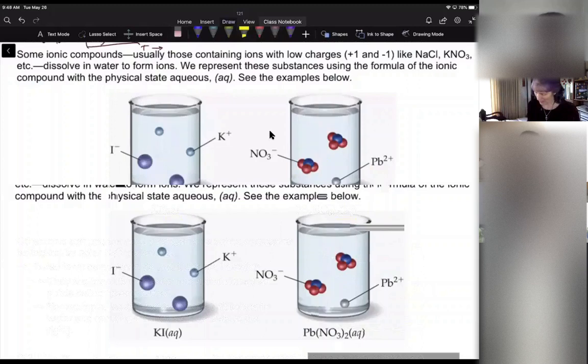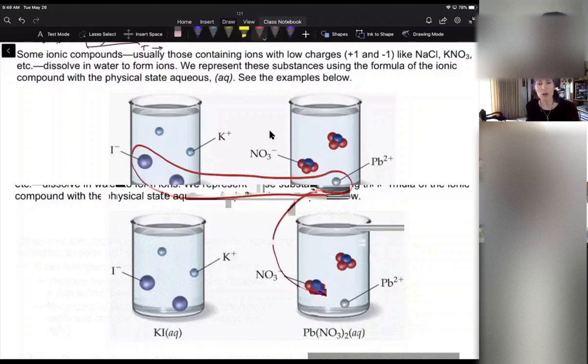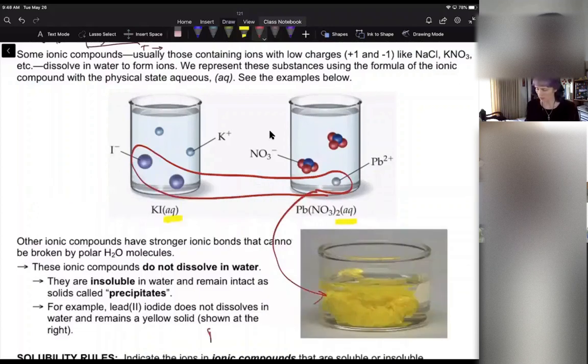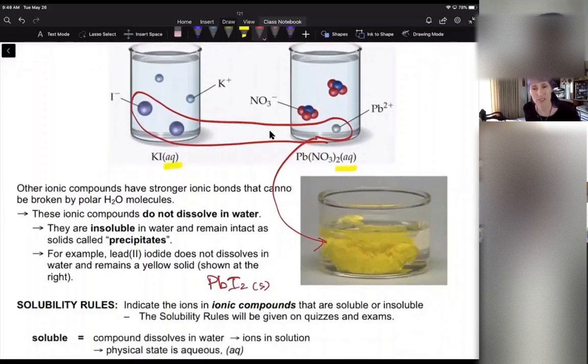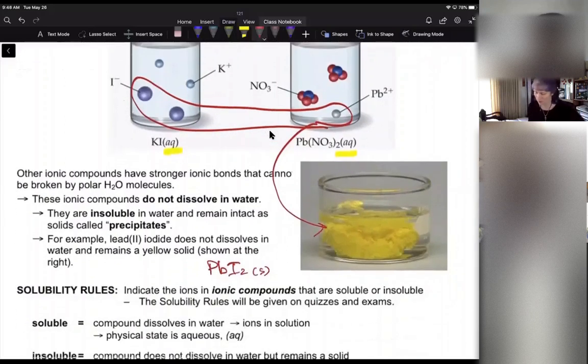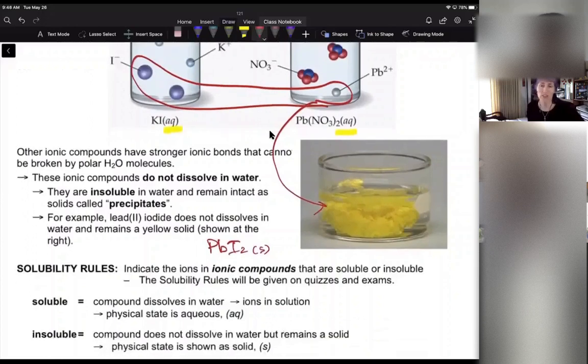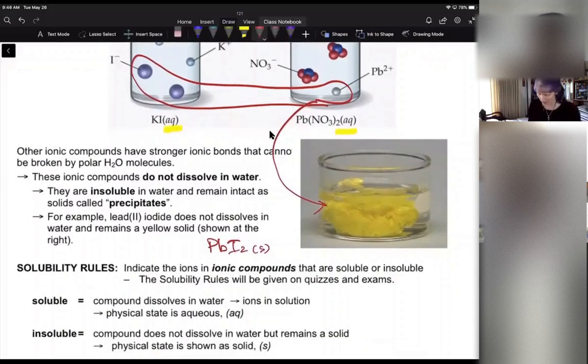That lead gets together with the iodine, and it forms lead iodide solid. It no longer dissolves. It forms an insoluble salt, and lead is one of those elements that makes everything insoluble. Not everything, but a lot of stuff that would otherwise be soluble. So that's our precipitation reaction, and you see that yellow solid, that is the lead 2 iodide precipitate.